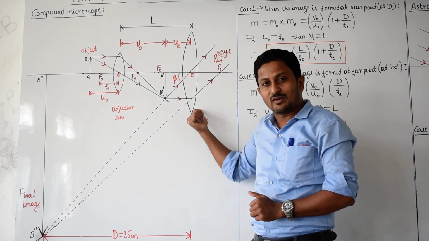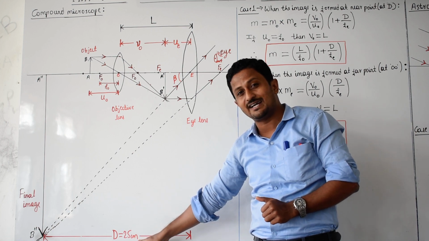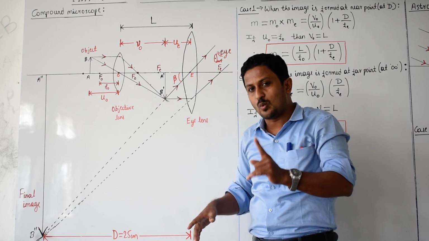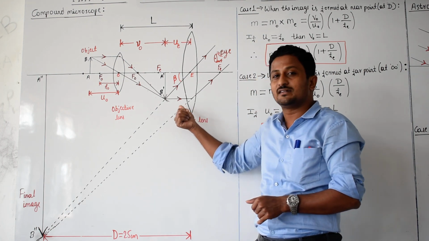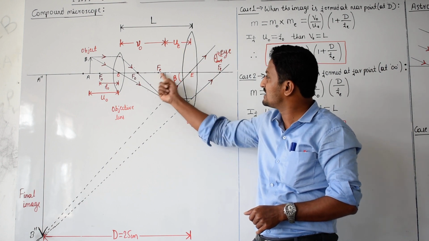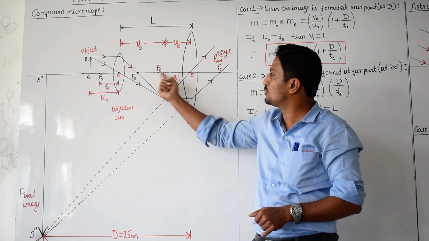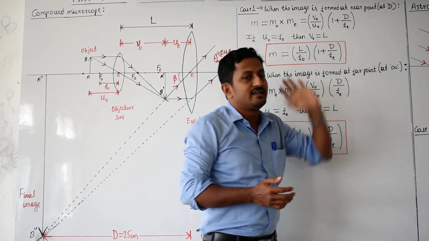The magnifying power of this simple microscope when the final image is produced at the D point is 1 plus that distance D by its focal length, that is FE. I mean its focal length, the distance between these two points. That I have written here: 1 plus D by FE.